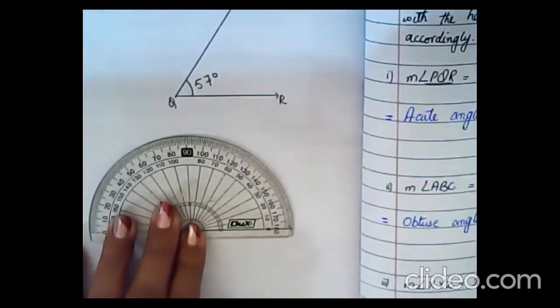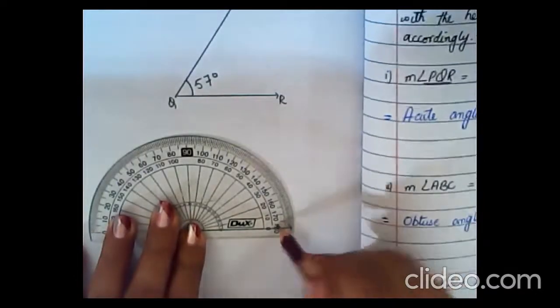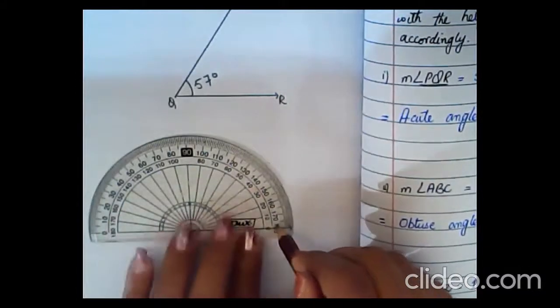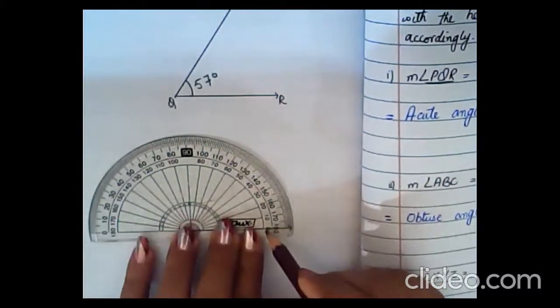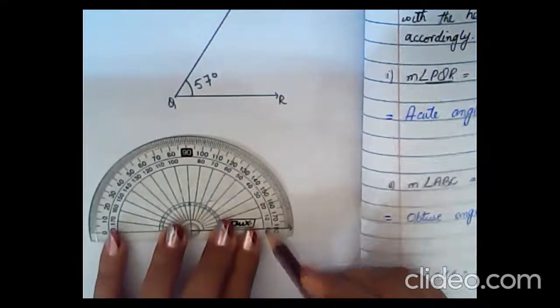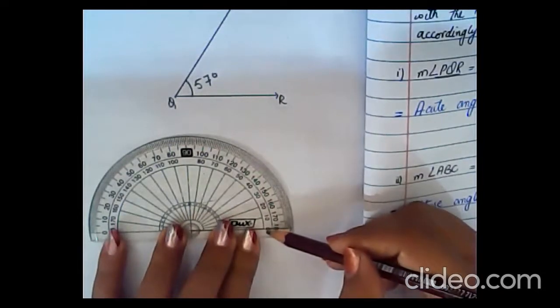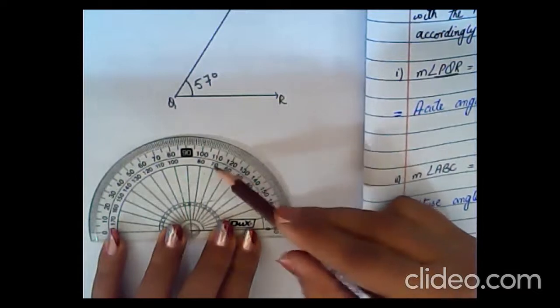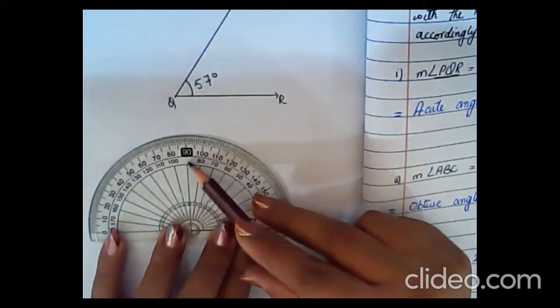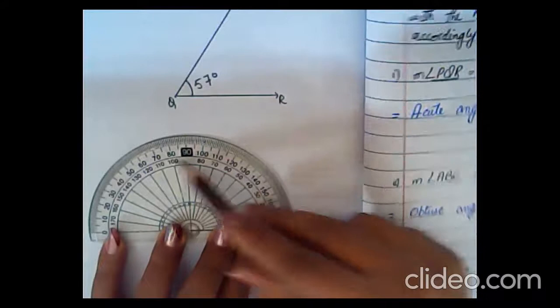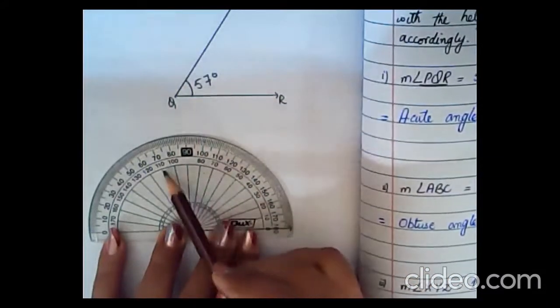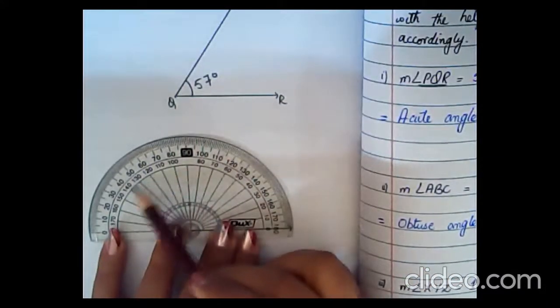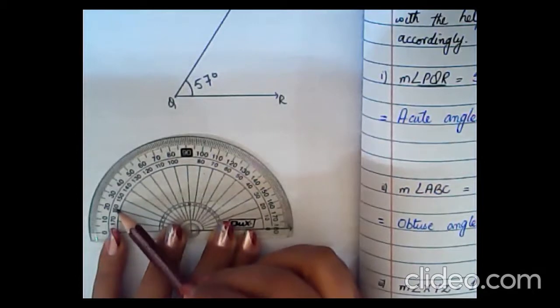Now you are going to read this scale, the scale on the right side, which is the lower scale, starting from 0. This is 0, 10, 20, 30, 40, 50, 60, 70, 80, 90. Now you have to make the angle of 165 degrees, so you will continue further. 100, 120, 130, 140, 150, 160.